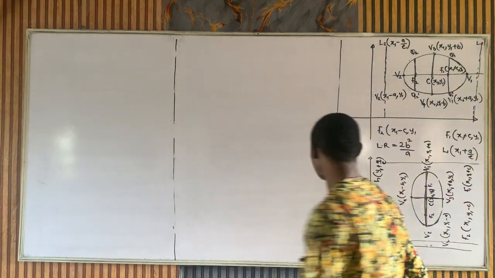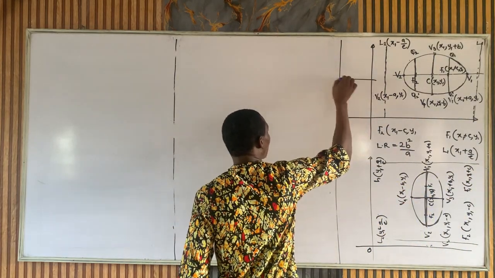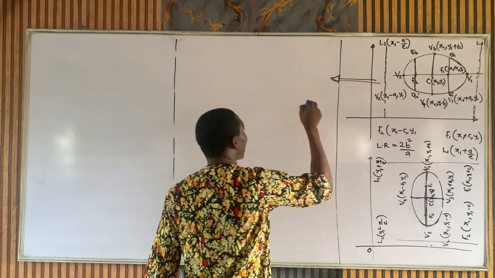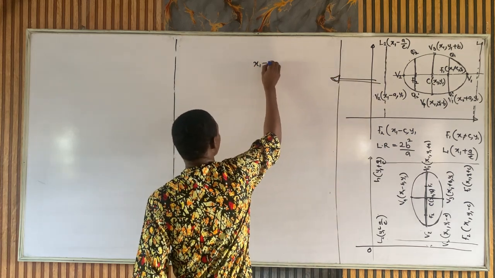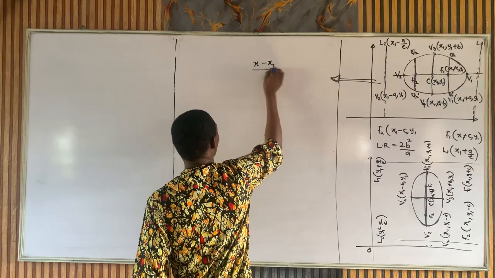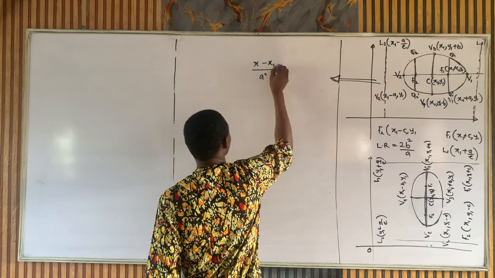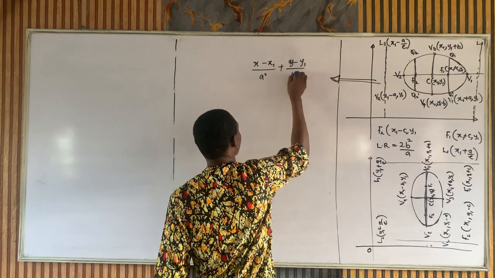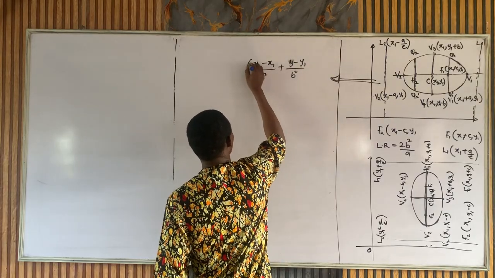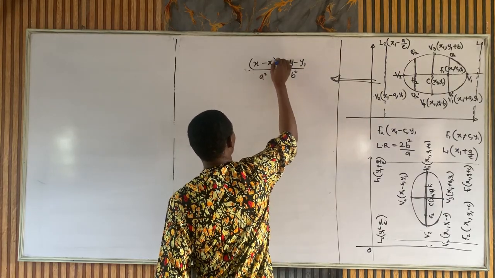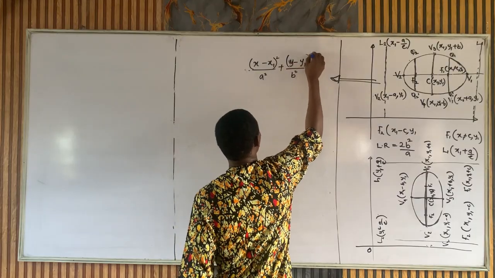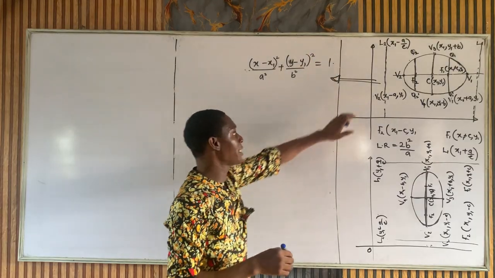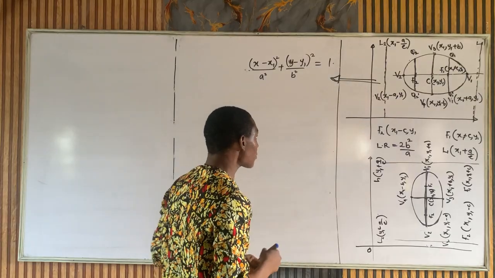Now, the last thing to note is the equation of an ellipse, not parabola, sorry. It's giving us (x minus x1) over a, all squared, plus (y minus y1) over b, all squared, equal to 1 for this ellipse.